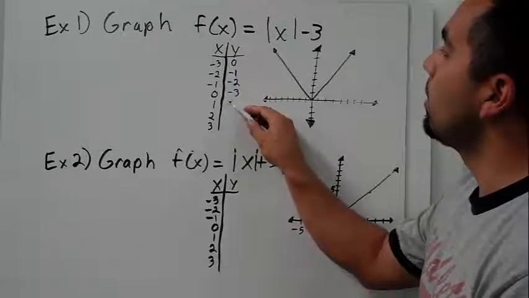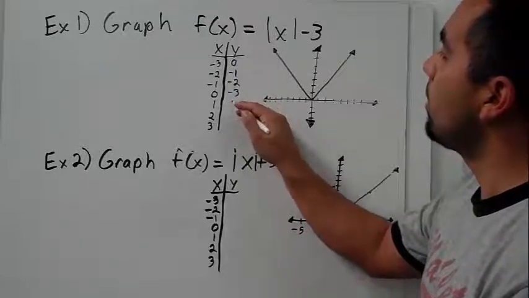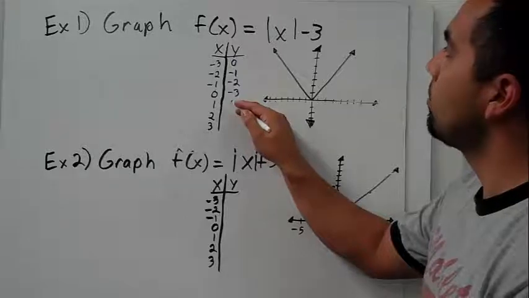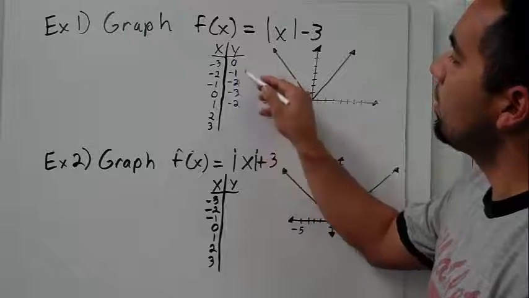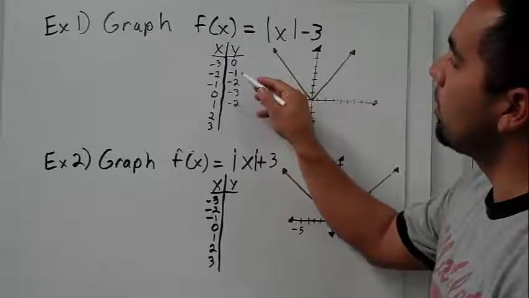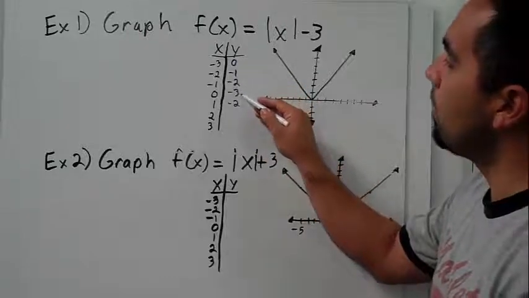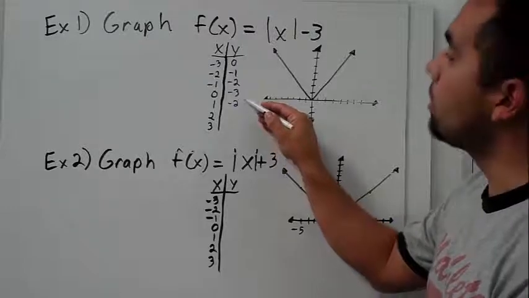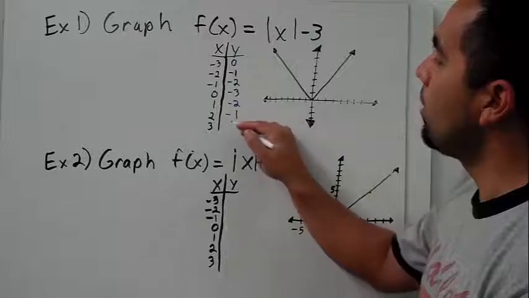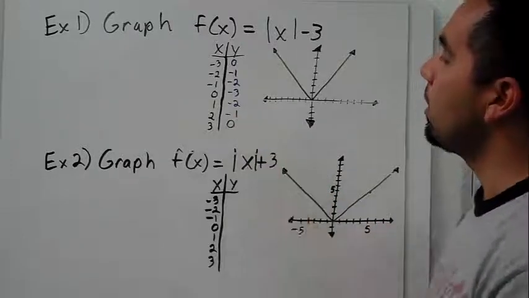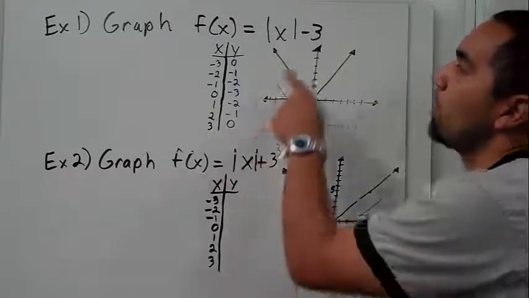And +1, this time we're going to get 1 minus 3, which is -2. And if you can see, there's kind of a pattern here. We went 0, -1, -2, -3. We're going back up, -2. I'm assuming this next one's going to be -1, and I'm correct, as well as 0, because 3 minus 3 is 0.